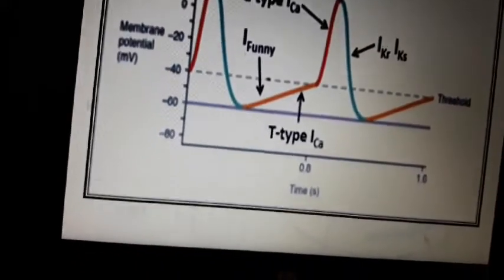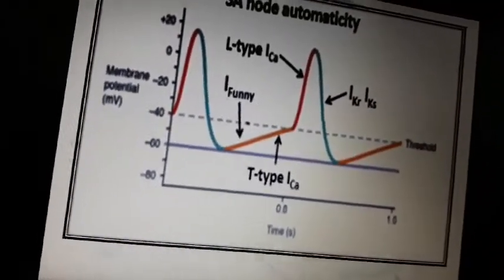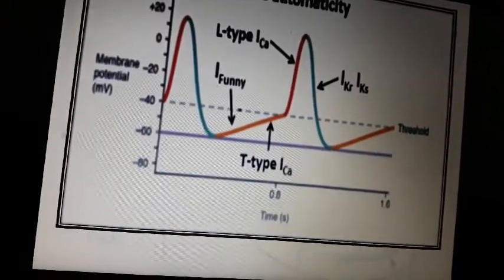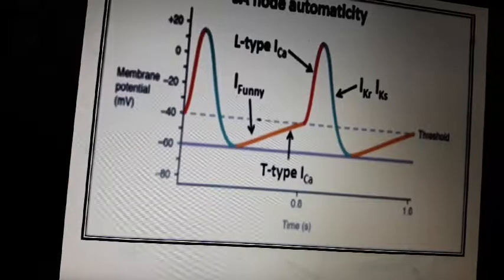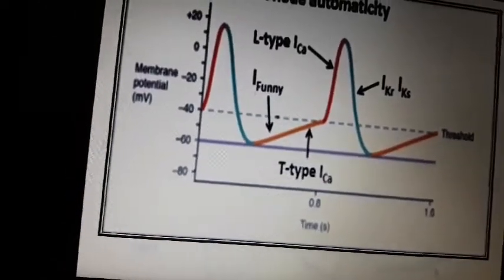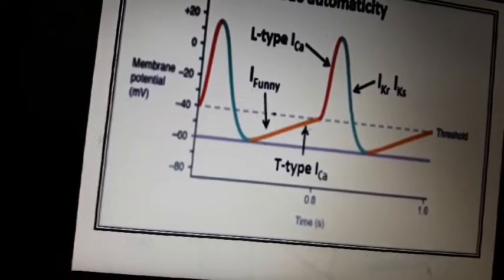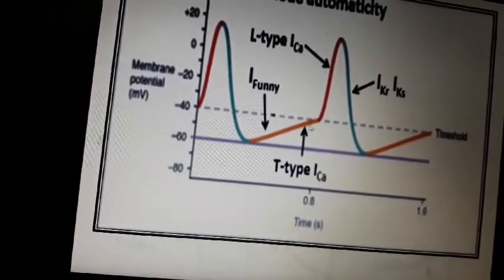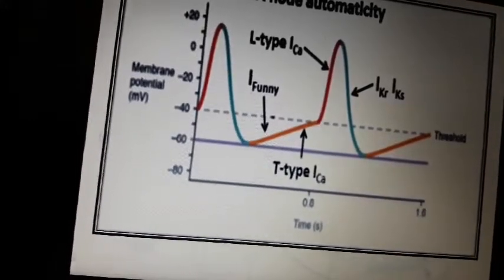The transient type of calcium channels further causes positive calcium ion influx. This will lead to further creation of positivity inside the cell. Therefore we can say that the action potential rises to about minus 40 millivolts. This is the threshold potential generally for the pacemaker action potentials.